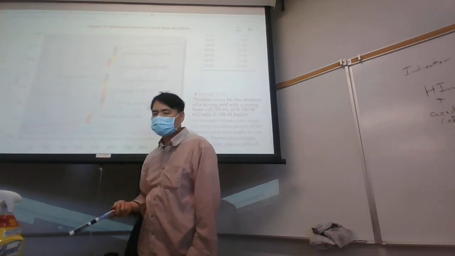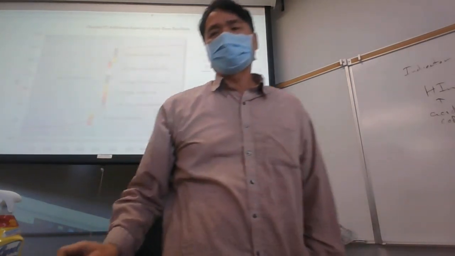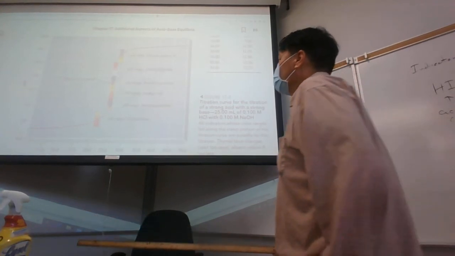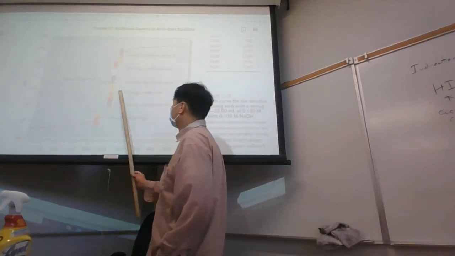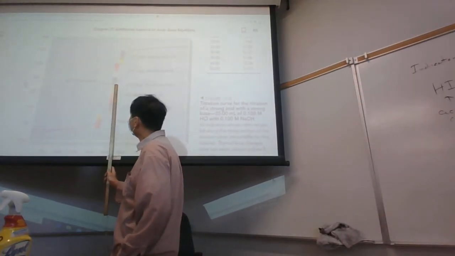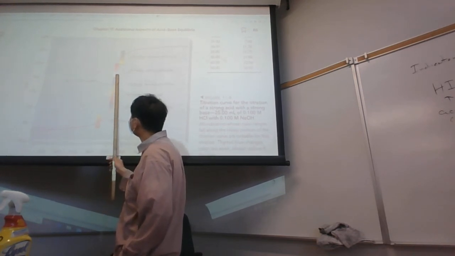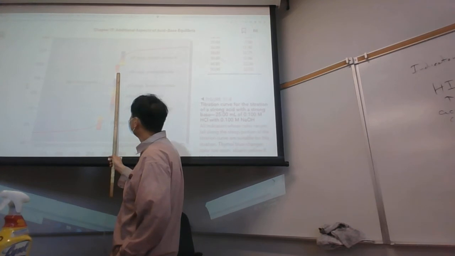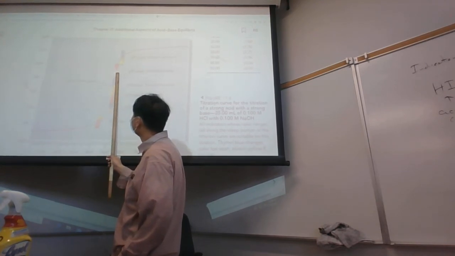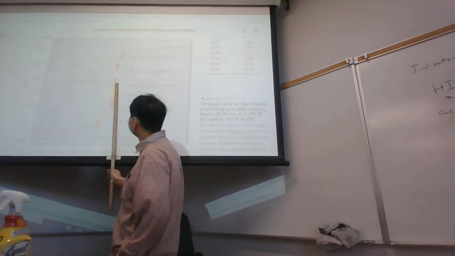But what kind of error is phenolphthalein going to introduce into our titration? When we look at it, yes, the equivalence point is here, but the end point for phenolphthalein is here at a pH of about 8 or 9, and that's off.